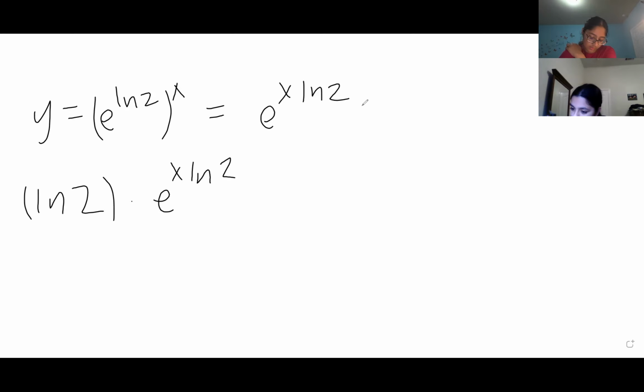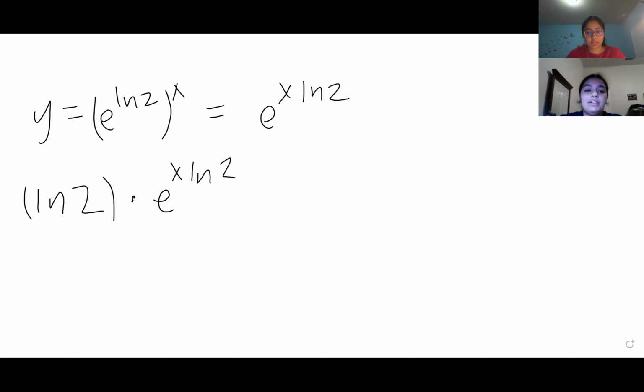Okay, that makes sense. Is that just the answer, or do we have to simplify more? Basically, there's a rule: ln of e is 1, right?